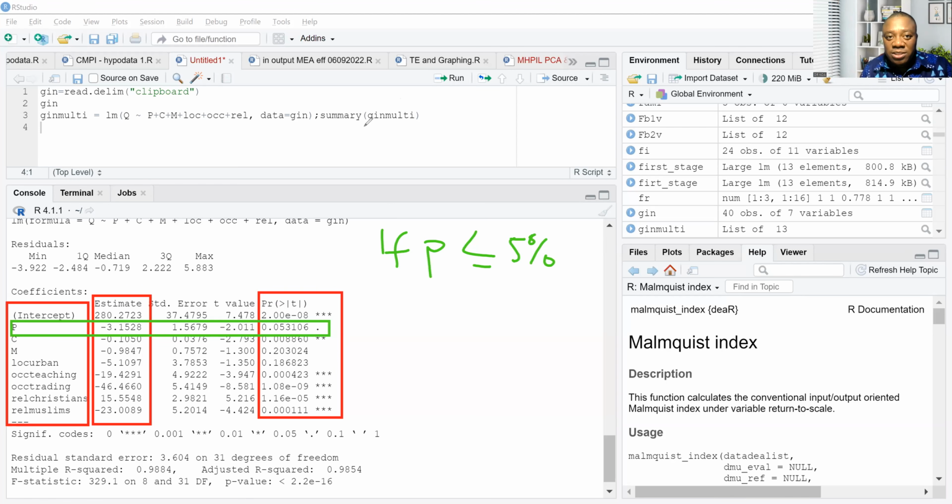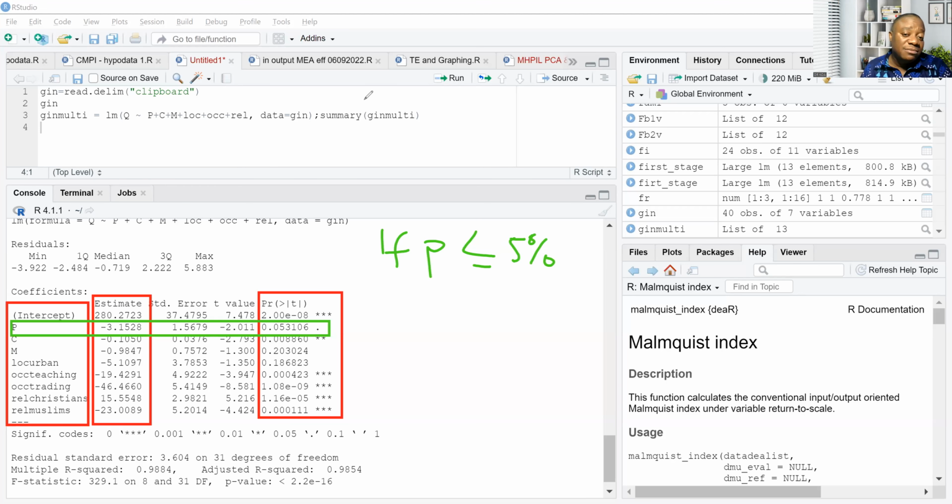You get 0.05, correct? On the basis of that, can you say it is significant or not significant? Type it in.